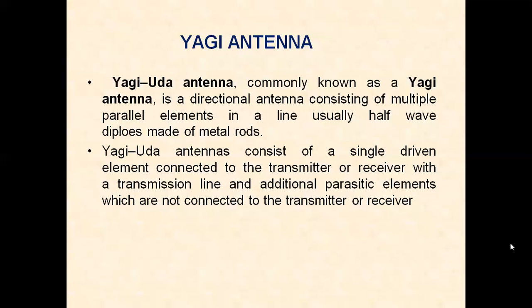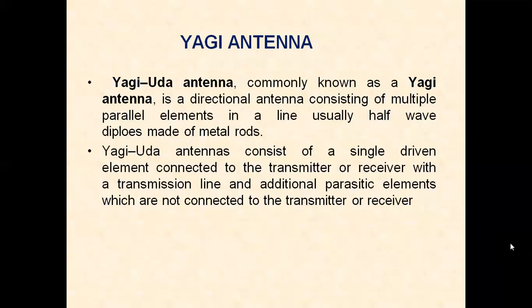A Yagi-Uda antenna consists of a driven element, one reflector behind the driven element, and one or more directors in front of the driven element, one or more parasitic elements in front of the directors.